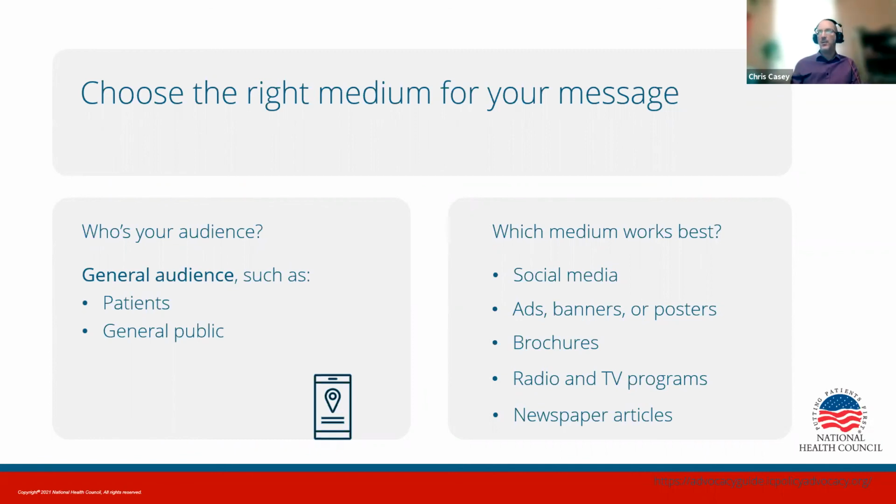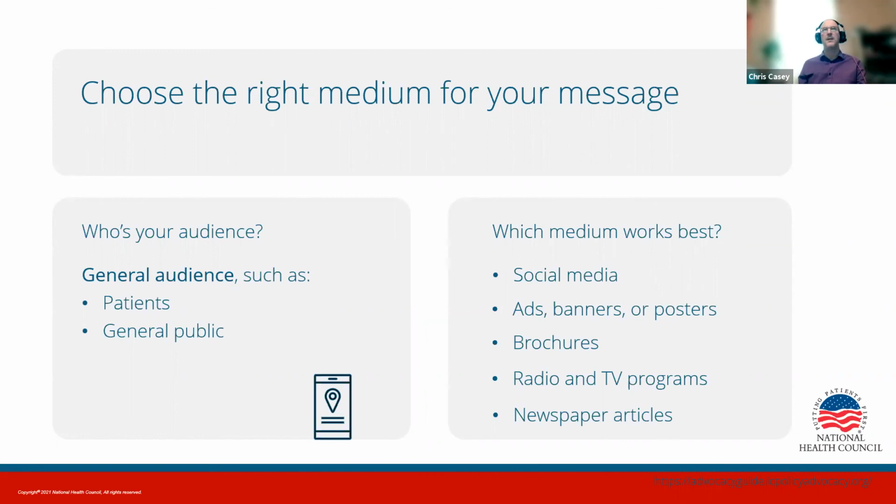They get straight to the point, and they give only the need-to-know information, such as social media, ads, banners, posters, web banner ads, brochures, and even radio or TV spots, and newspaper articles, for the people here who have media relations experience, knowing what tends to get picked up and what doesn't.